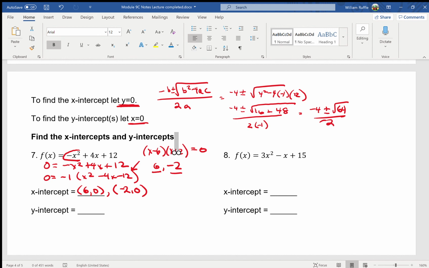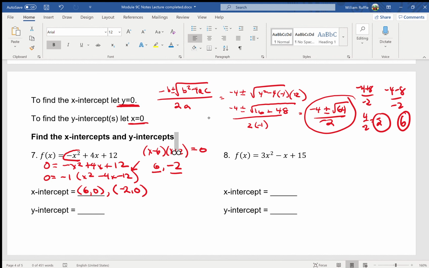Now the square root of 64 is just 8, so I'm going to have two answers here. Negative 4 plus 8 over negative 2, or negative 4 minus 8 over negative 2. Negative 4 plus 8, that's 4 over negative 2, which is negative 2. There's one answer. This is negative 12 over negative 2, which is positive 6.